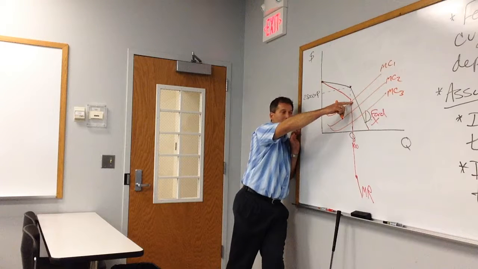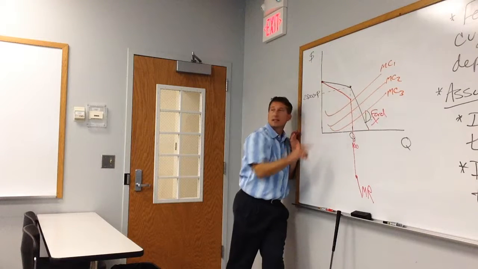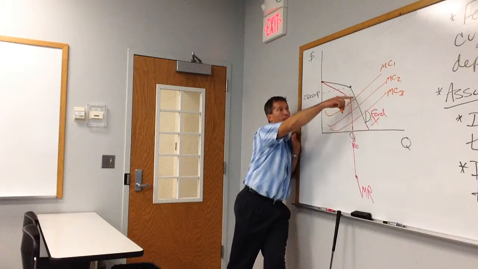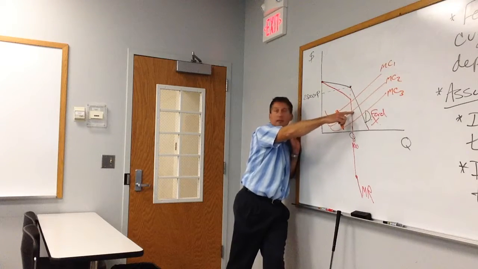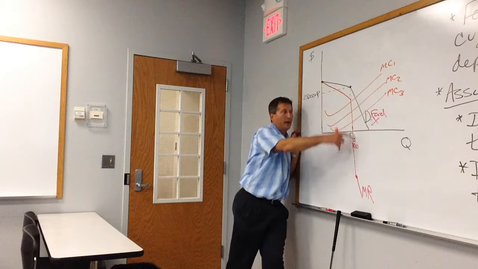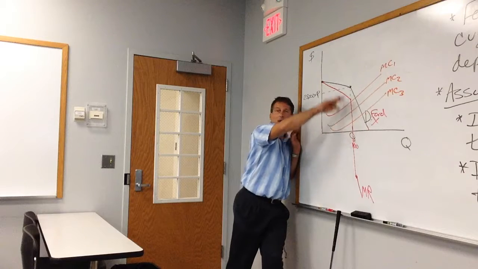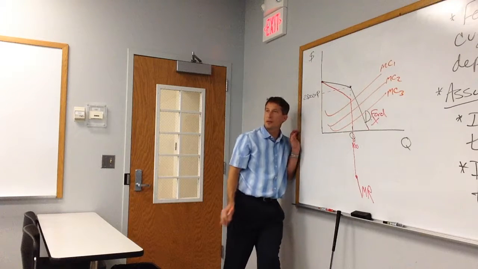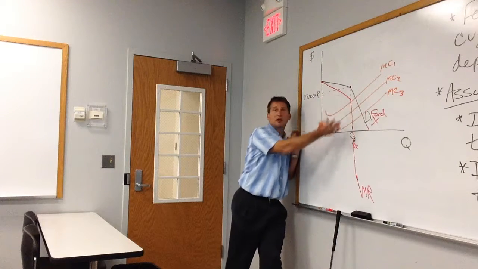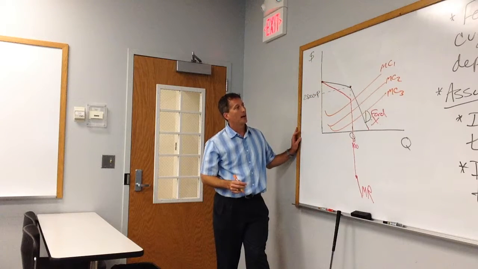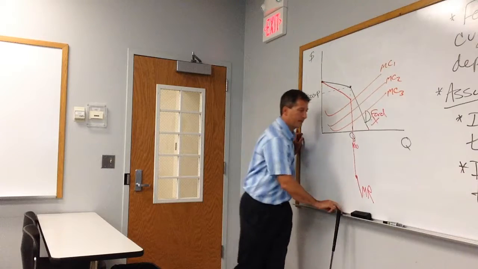Using my numbers. What is the profit maximizing quantity? 100. What about if costs fall to MC2? 100, 100, 100. We've got this big flat spot. So there's not much incentive for them to change. Even if costs change with this kink business going on, prices tend to be sticky.